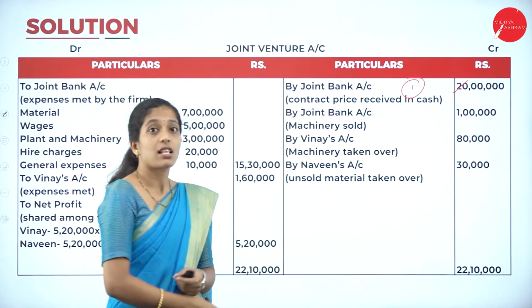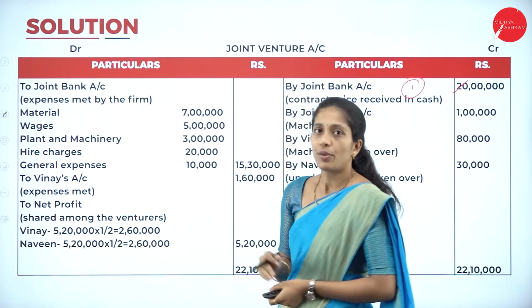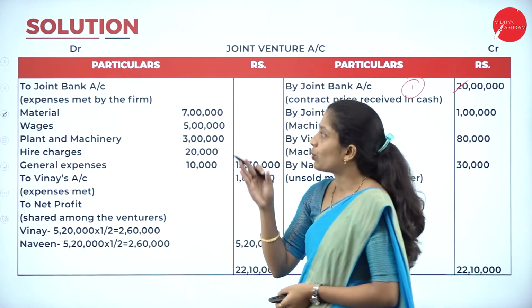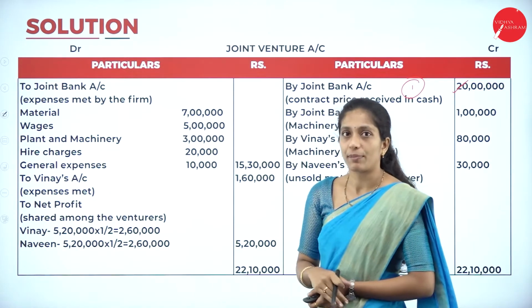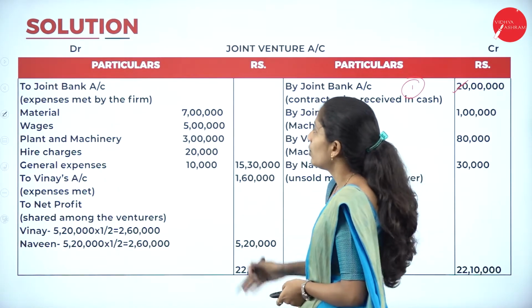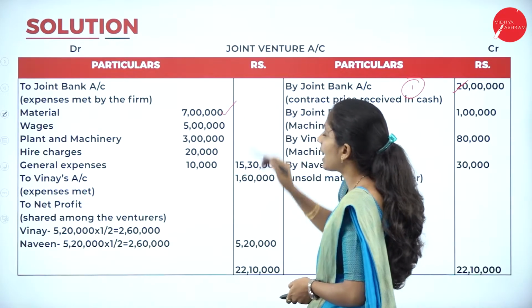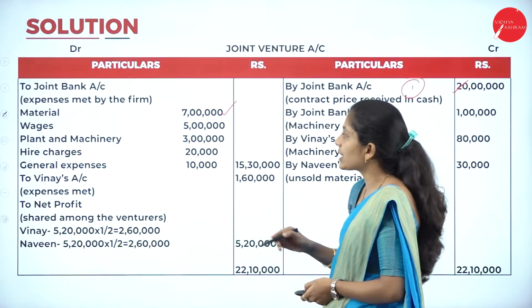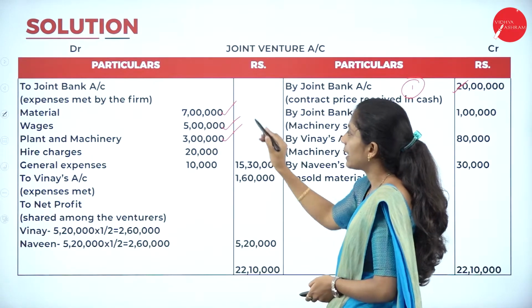Next, your second entry is for what? Incurring of expenses. So here we have to transfer that expenses to joint bank account. Expenses met by the firm, that is joint venture. So what are the expenses? They have given individually material 7 lakh. Next, wages 5 lakh. Next, plant and machinery 3 lakh.